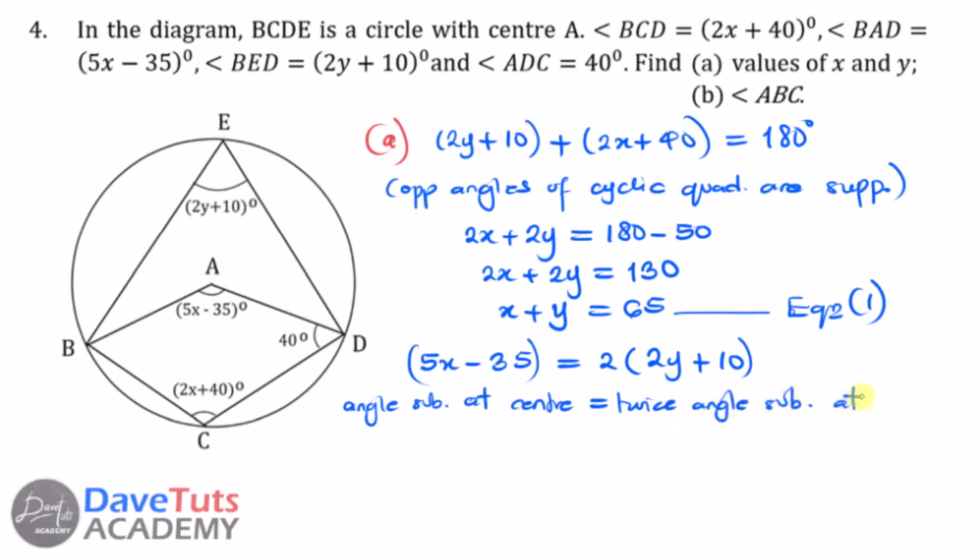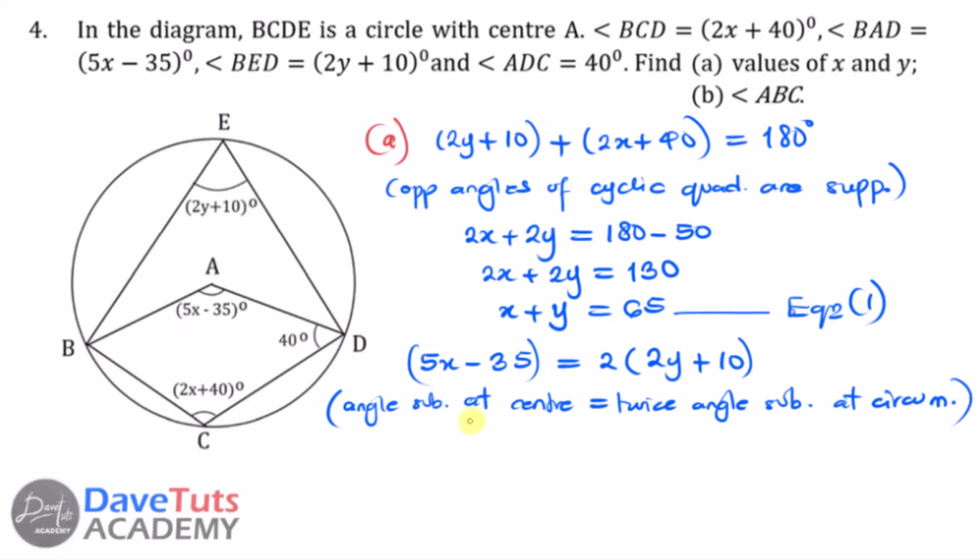So I'm just using shorthand here. I trust that you understand the statement that I'm making. So I'm postulating that 5x minus 35 is 2 times 2y plus 10, because the angle subtended at the center of the circle is equal to 2 times the angle subtended at the circumference of the circle by a chord. So BD in this case will be the chord. You can say by a segment, BD will refer to that segment that we're talking about.